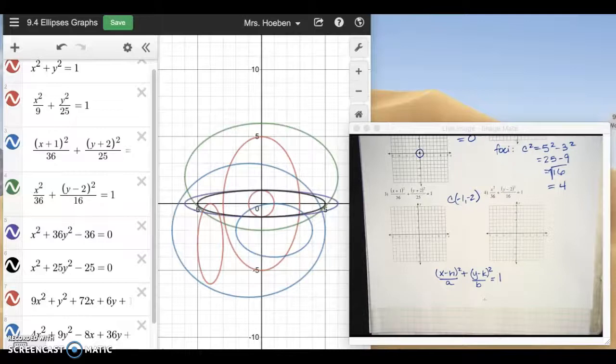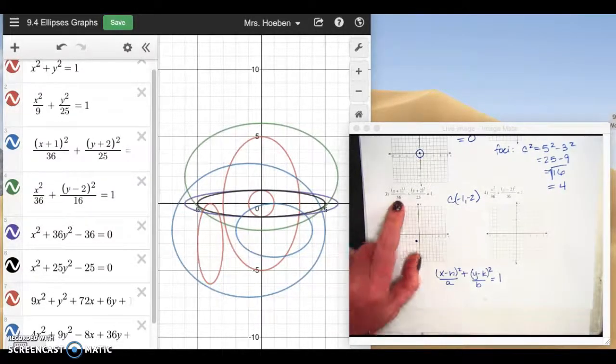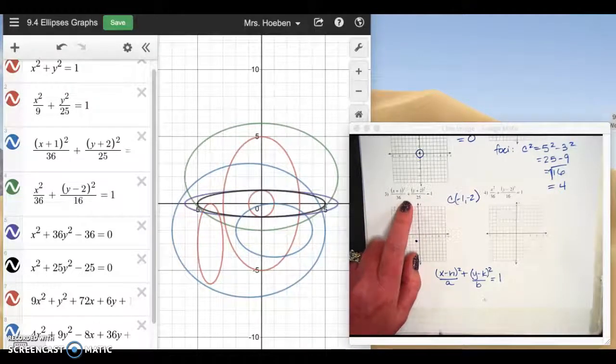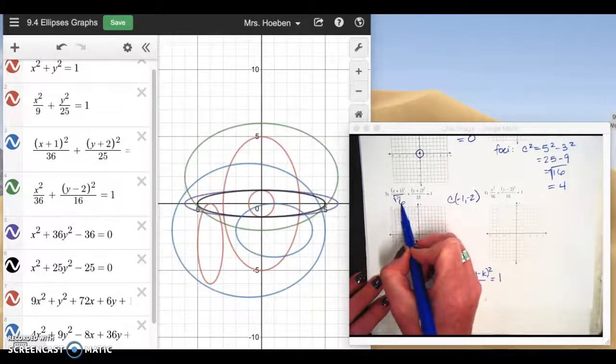This is going to be over A, this is going to be over B, equals 1. You've got all these numbers plugging in, and you can see how those numbers are affecting the center and the stretch. If we have a center at -1, -2, then we have to look to the denominators next for the stretch. This one's going to stretch 6.